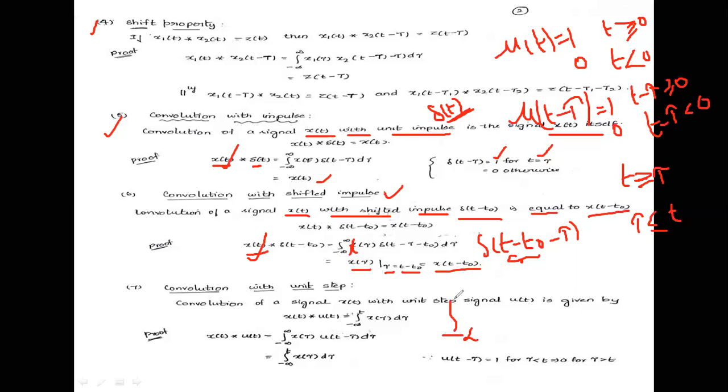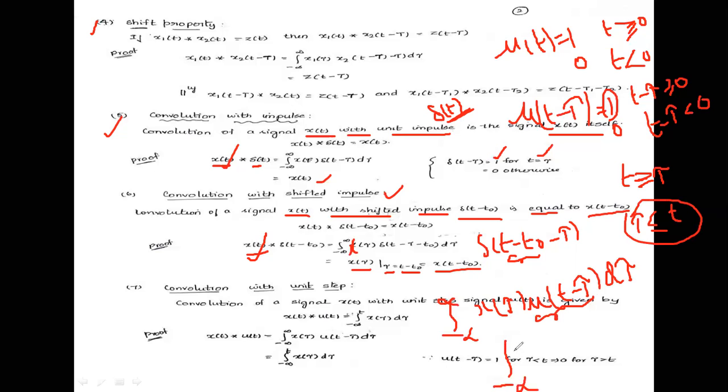By substituting the value 1 in this range, the integral is from minus infinity to t of x of tau d tau.